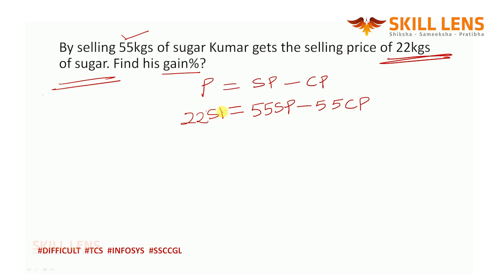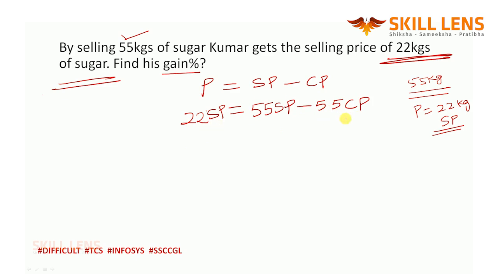Yes. Okay. So, please understand. Somebody will ask you, let's say you are Kumar, after selling 55 kgs of sugar, what is your profit? You know a little bit of maths and you say your answer: I got a profit of 22 kgs of SP.